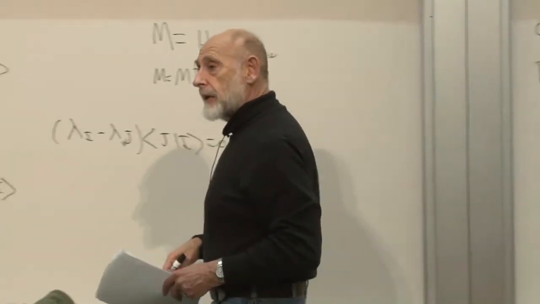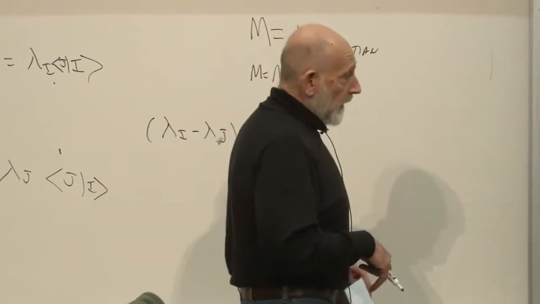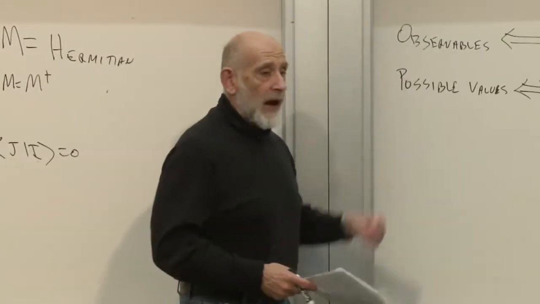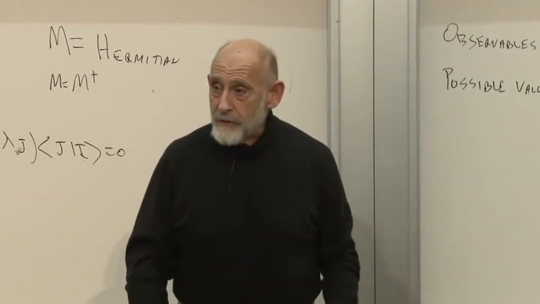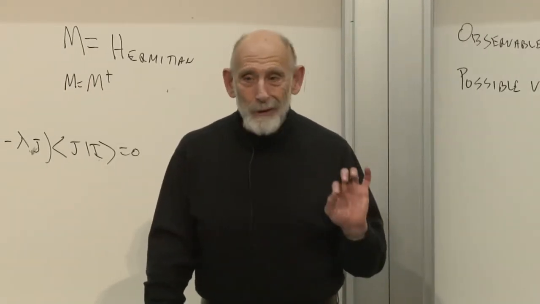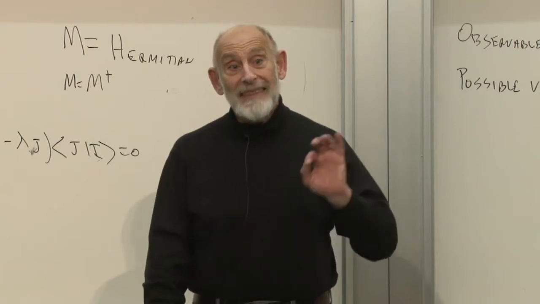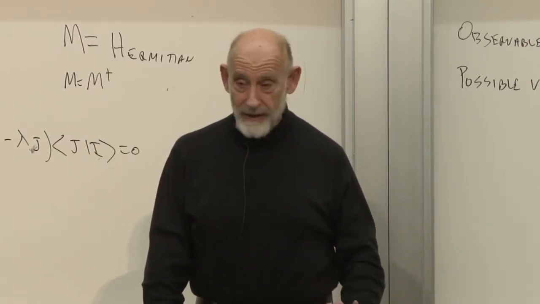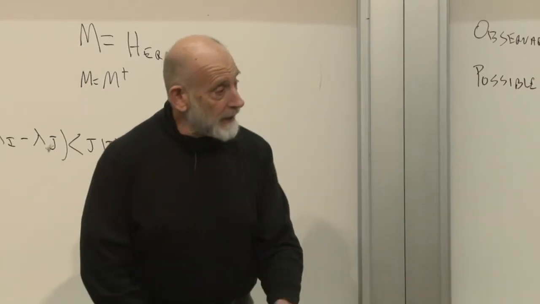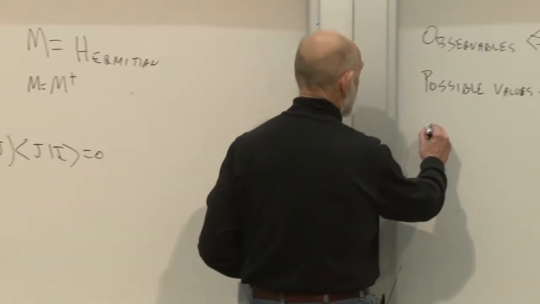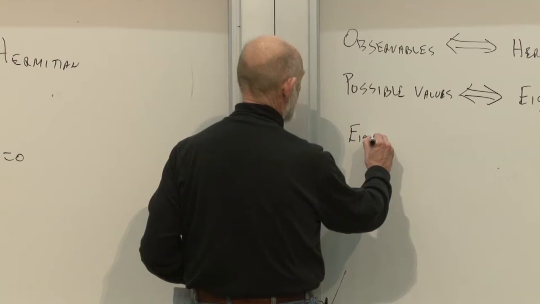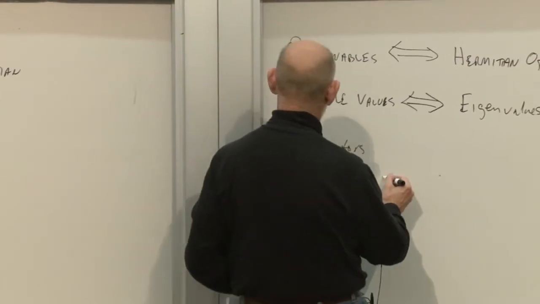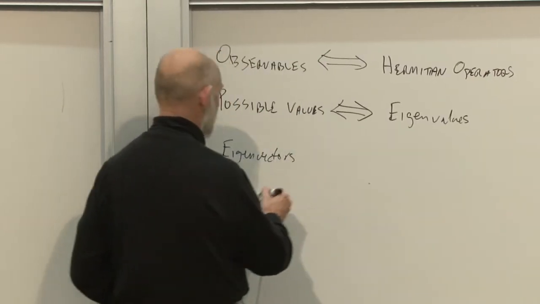Okay, now let's come to the eigenvectors. The eigenvector with a given eigenvalue is a state of the system where if you measure that particular observable, you will definitely get the eigenvalue associated with that eigenvector. I think I have it backwards.